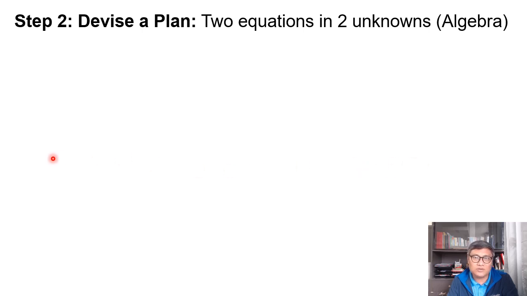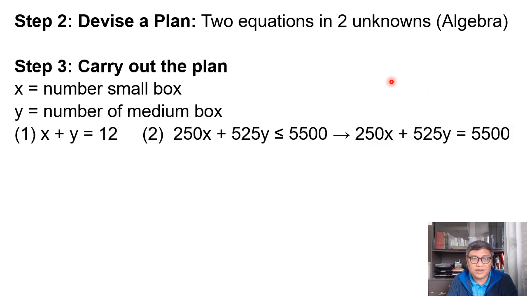Now, if you want to use algebraic manipulation, class, or algebraic solutions, this will give us 2 equations and 2 unknowns. One will be the total number of boxes, how many small, how many mediums. The second one is if we add all the costs, it will be less than or equal to 5,500.